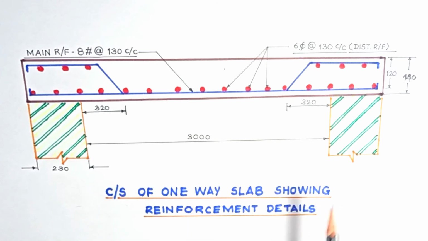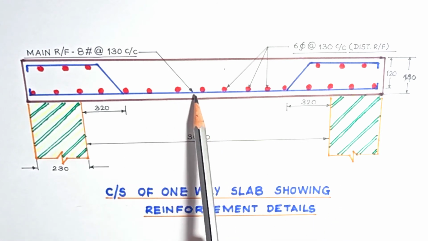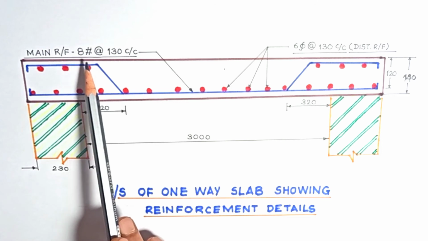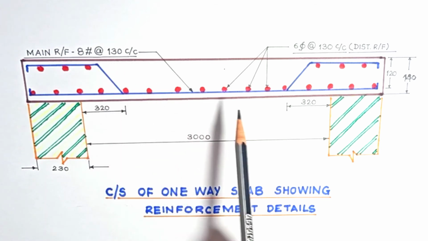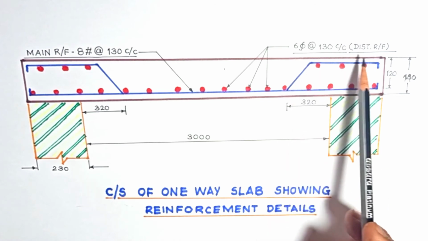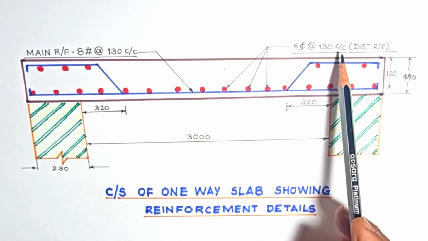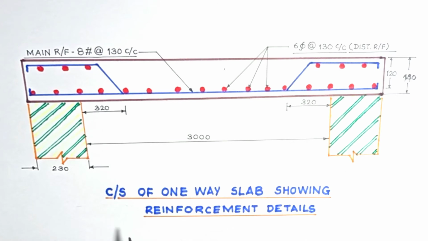Width of support is 230 mm. Now this blue line is the main reinforcement, 8 tor bars at 130 center to center, and these red dots are distribution steel 6.5 at 130 center to center. So this is the cross section of one-way slab showing reinforcement details.